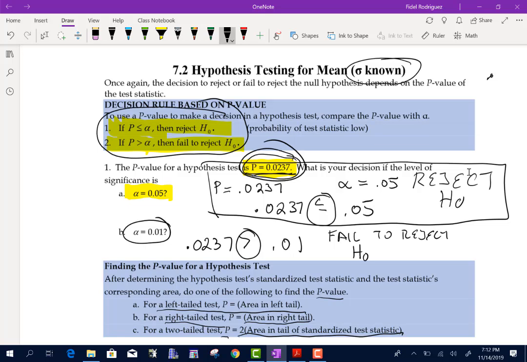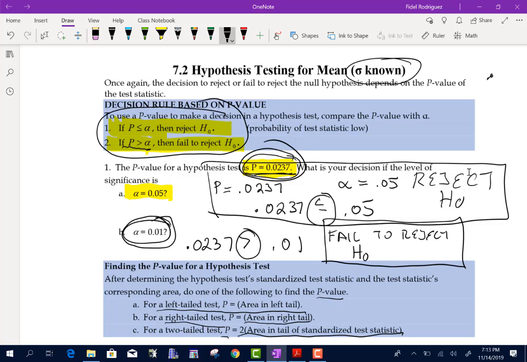Look at my alpha now. My alpha is 1 cent. Is 2 cents smaller than or equal to 1 cent, or is 2 cents bigger than 1 cent? It's bigger. So when P is bigger, we decided to do what? Fail to reject. That's what I was looking at with those numbers.